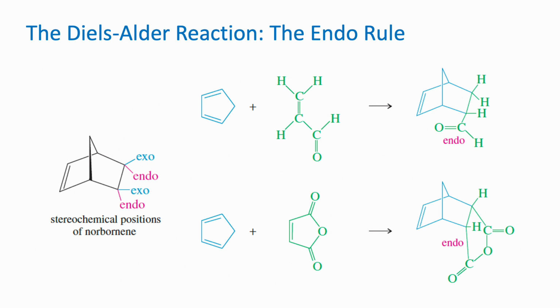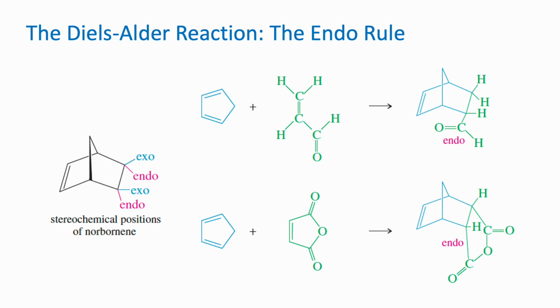Therefore, that carbonyl is going to line up in an endo transition state, and they're going to line up like pieces of bread in a sandwich, and that carbonyl group is going to end up essentially underneath the diene in the endo position. It will not be in the exo position. It will always be underneath the molecule in that endo position because of that secondary overlap.